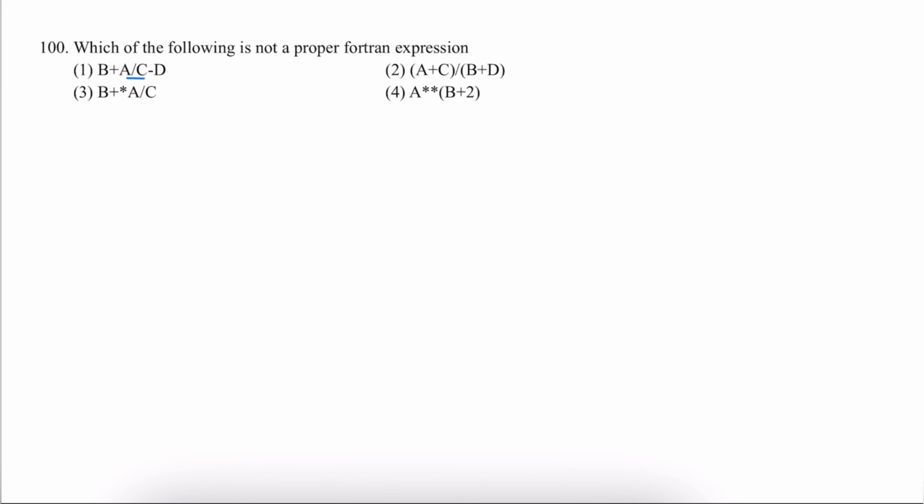Next option 2, a plus c divided by b plus d. Initially the parentheses are evaluated, a plus c and b plus d, and finally division is performed. Next, option 3, b plus star a divided by c. This is an invalid Fortran expression because addition and multiplication are simultaneously there.